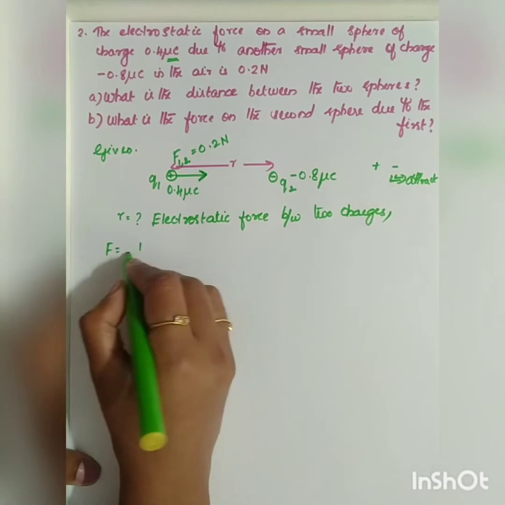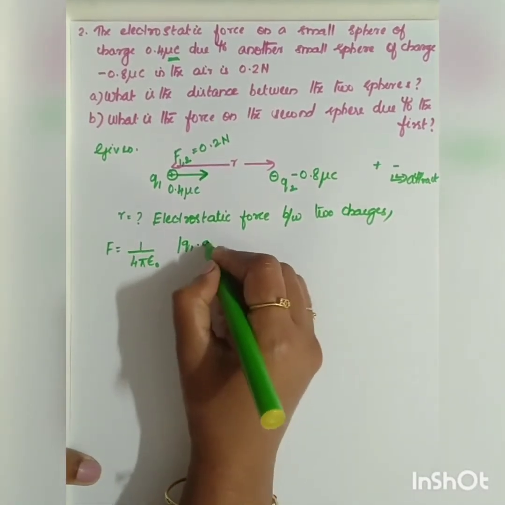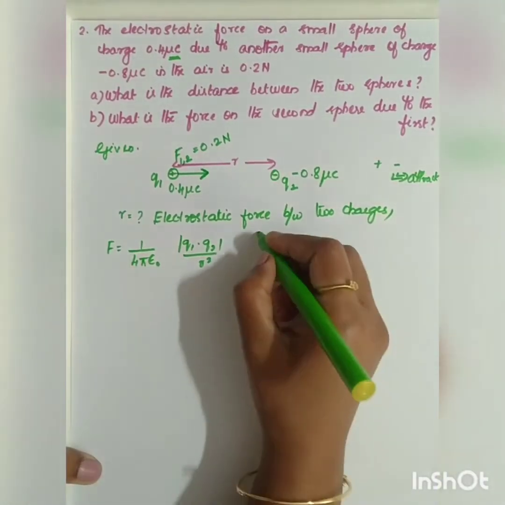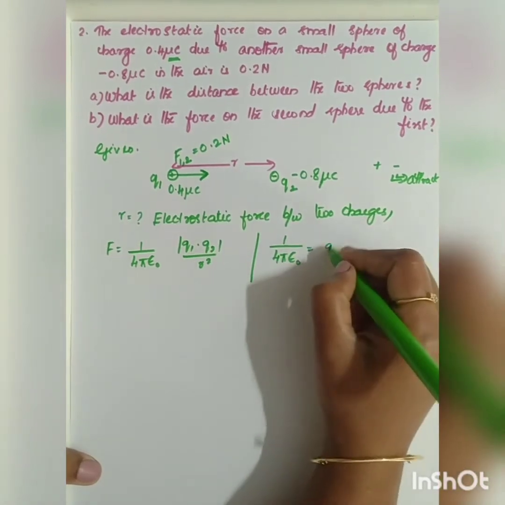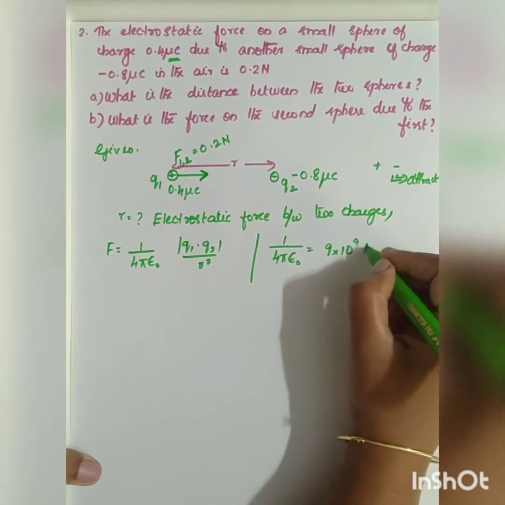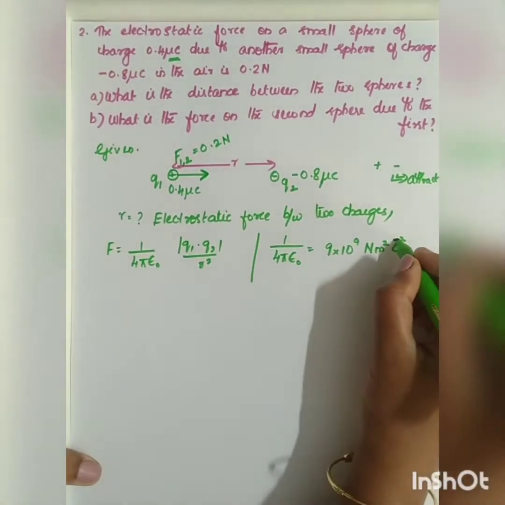F is equal to 1 by 4 pi epsilon naught into magnitude of Q1 Q2 divided by R square, right? So what is 1 by 4 pi epsilon naught? It is the constant 9 into 10 raised to 9 Newton meter square per coulomb square. So I am writing it as coulomb minus 2.